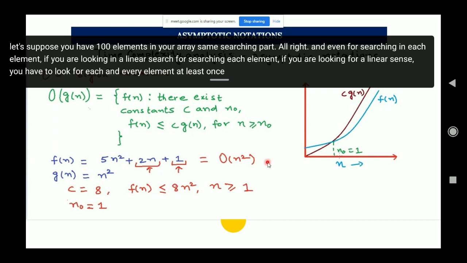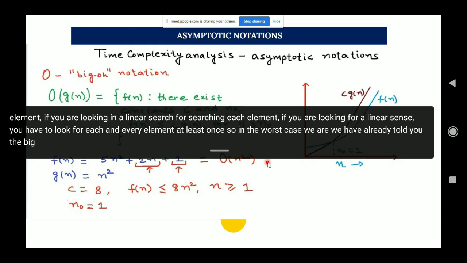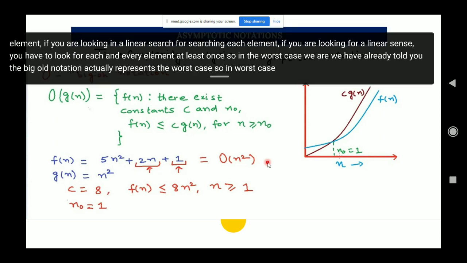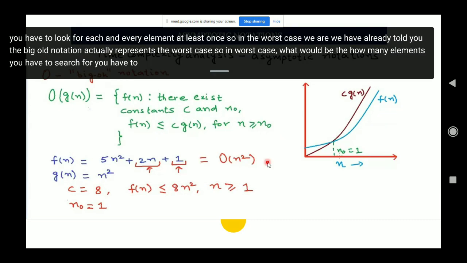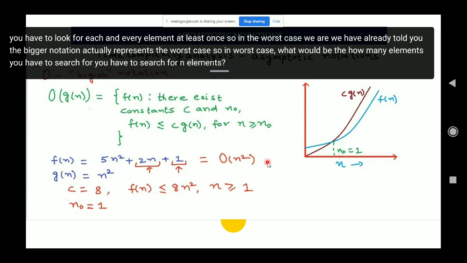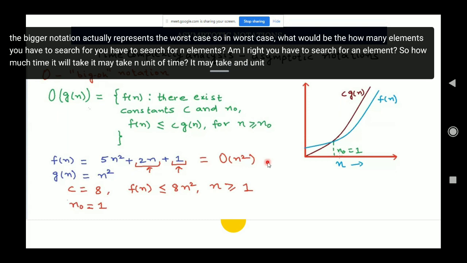In the worst case, and we have already told you the big O notation represents the worst case, you have to search for n elements, am I right? So how much time will it take? It may take n units of time. Can you do better than that in the worst case scenario?